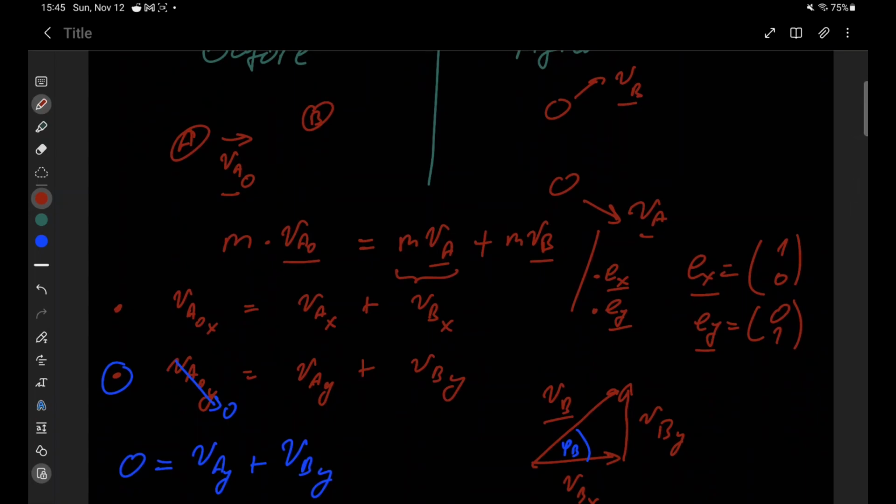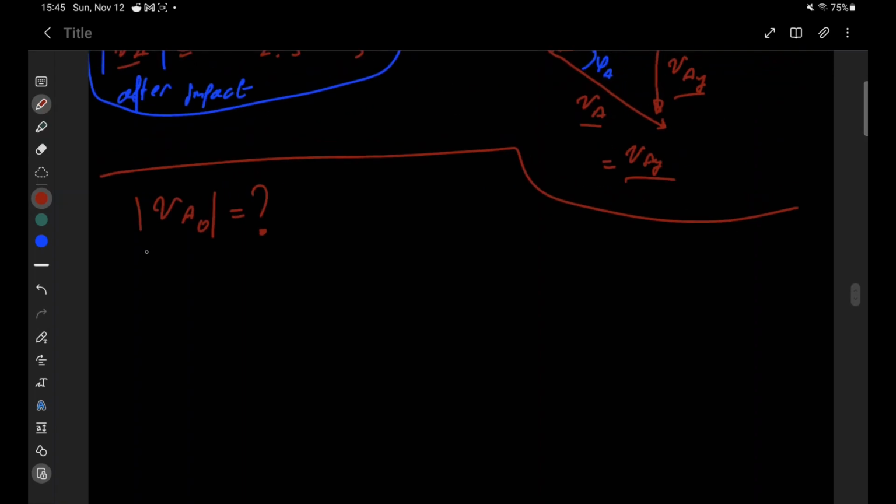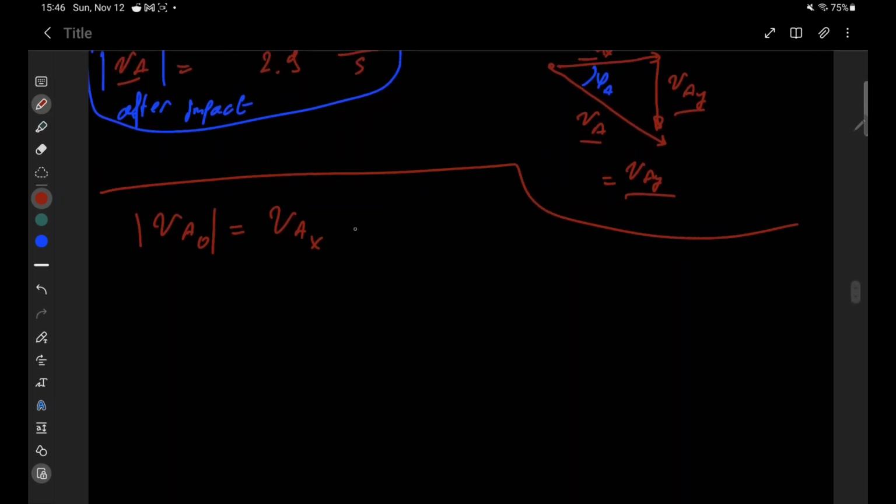Well, we know that this is just equal to VAX. Now, VAX is a component, so we can write it like this. Why? Well, because it was moving along the x-axis, so the y component will be 0. So what we are really looking for is VAX.